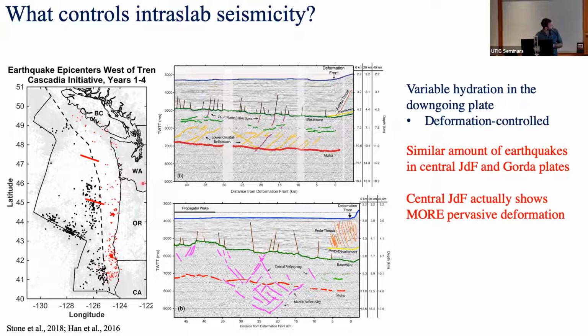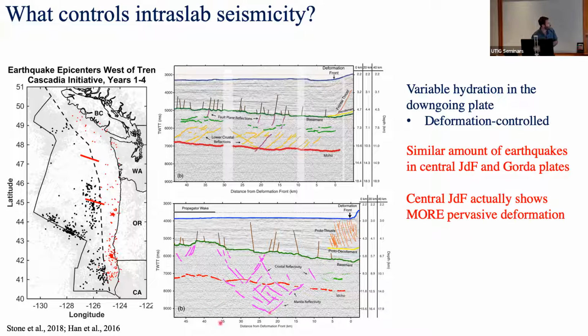And if we look in central Cascadia, in this area where we have quite a bit of seismicity based on that Cascadia Initiative data, we see these apparently Moho-busting faults. Now, if you can get fluid down to mantle peridotite, that can hold 12% weight water when fully hydrated, 4 times more than our basalt, and also volumetrically much more significant, right?